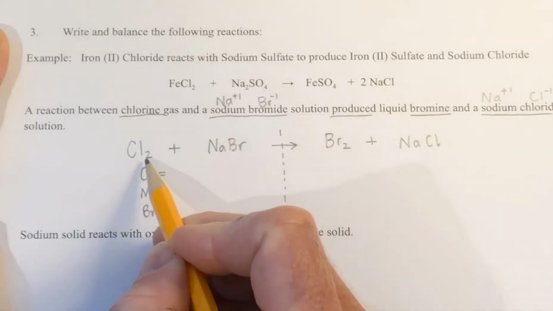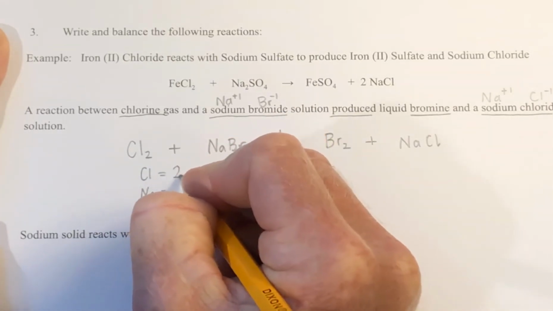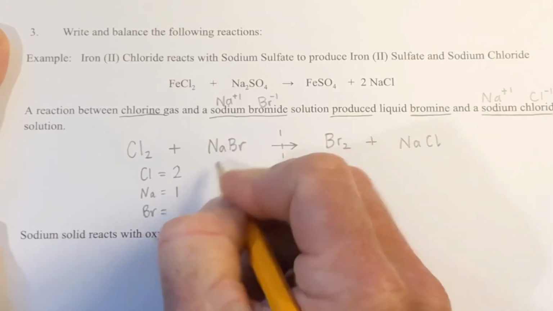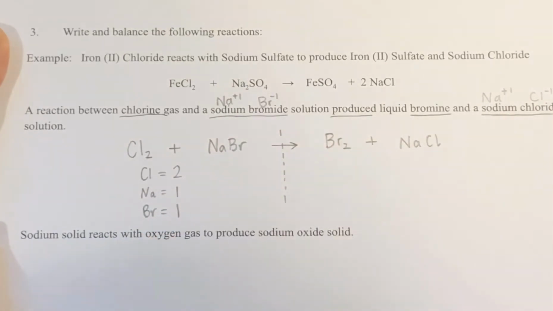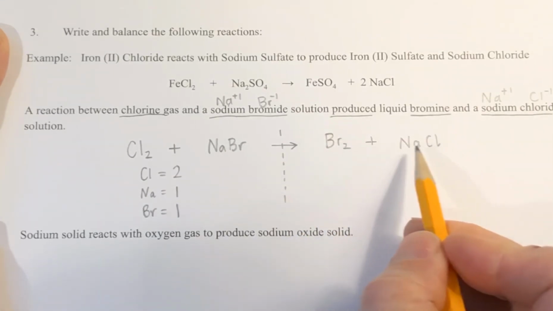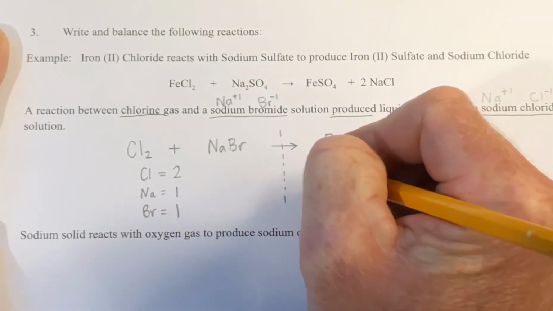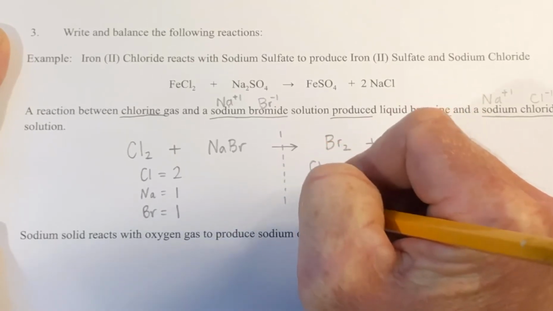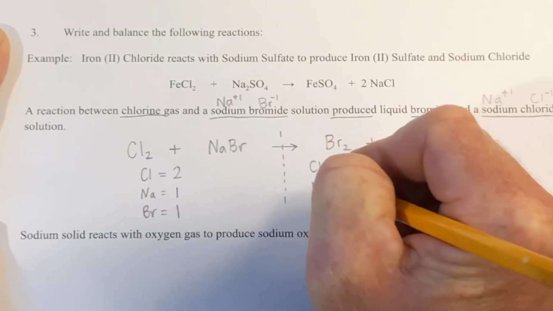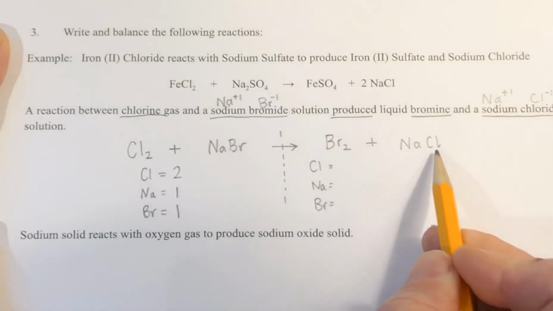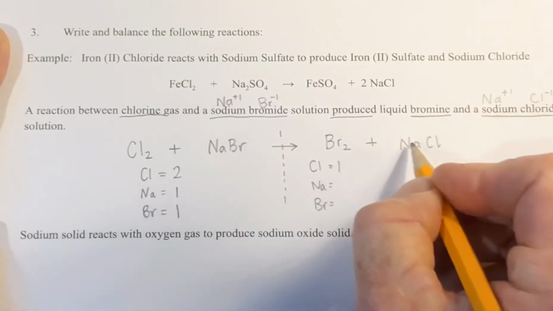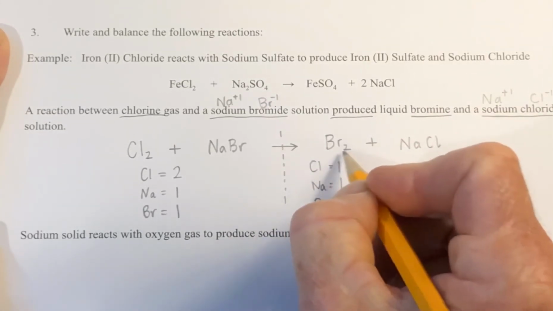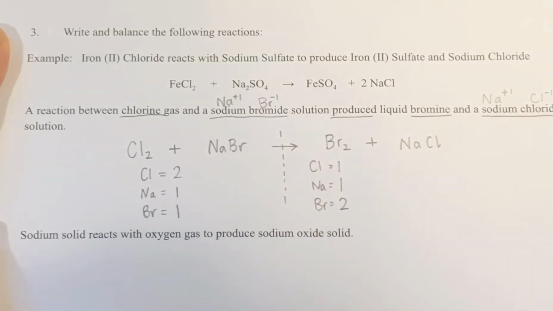This chlorine with the subscript has a 2, sodium there's 1 of, and bromine also 1 of. As a product, we also have sodium, chlorine, and bromine. And counting each one, chlorine there is 1 of, sodium 1 of, and this time bromine 2.